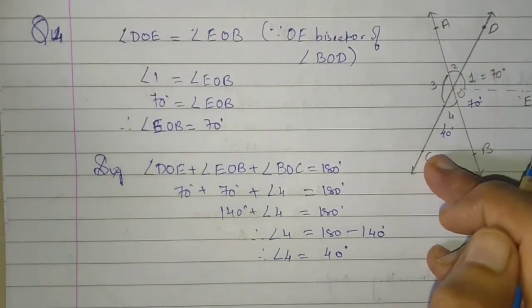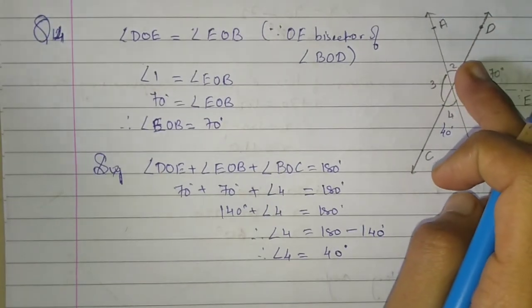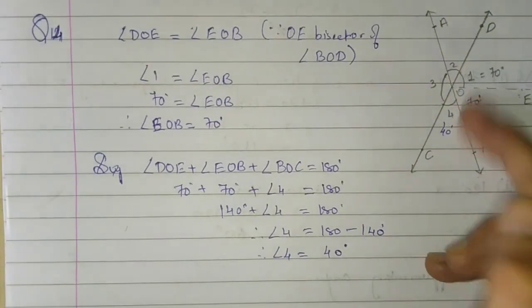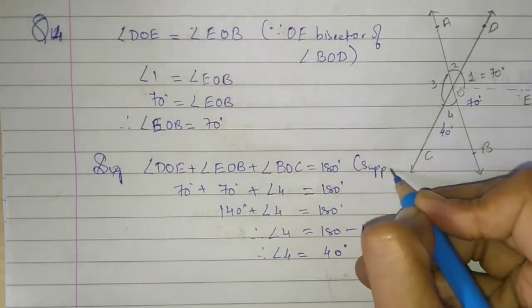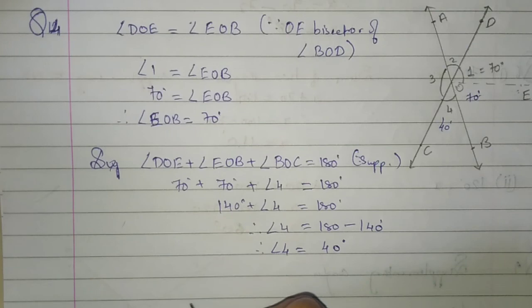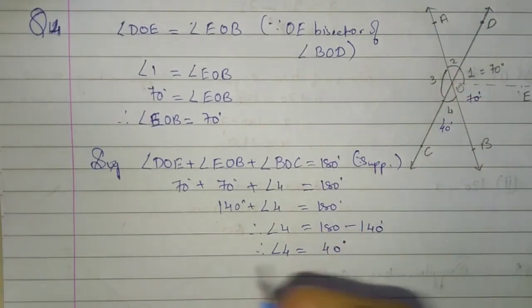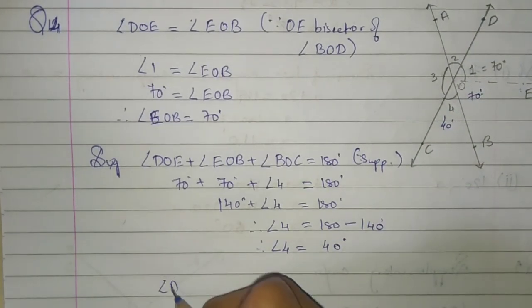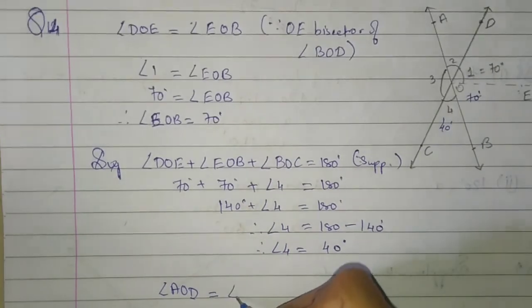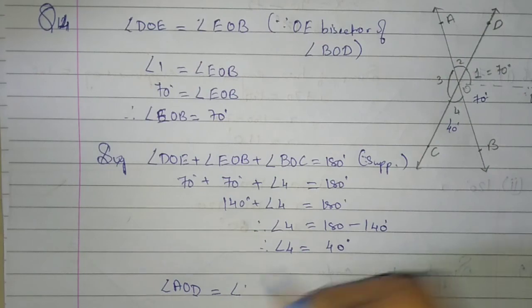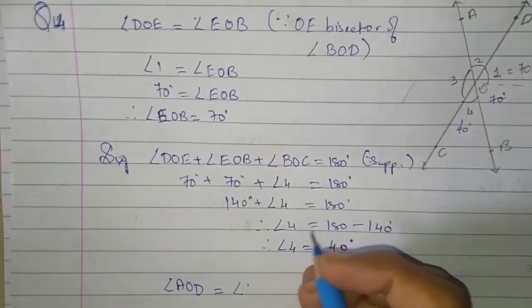Now if this is 40, then angle 2 is also 40. Why? Vertically opposite angles. Here we have to write supplementary. And this one is the same. So angle AOD equals angle COB.